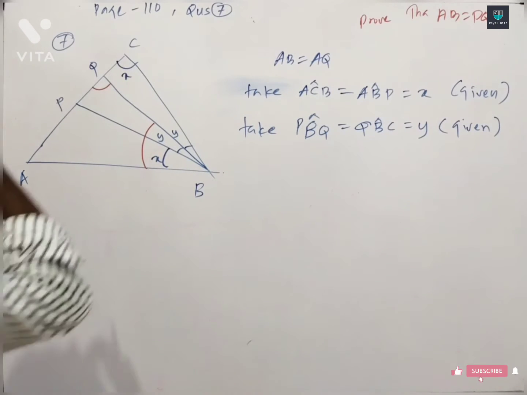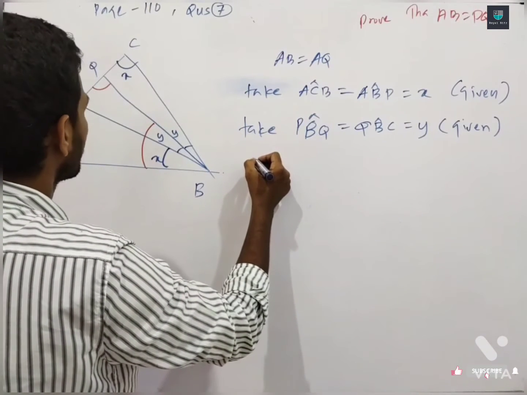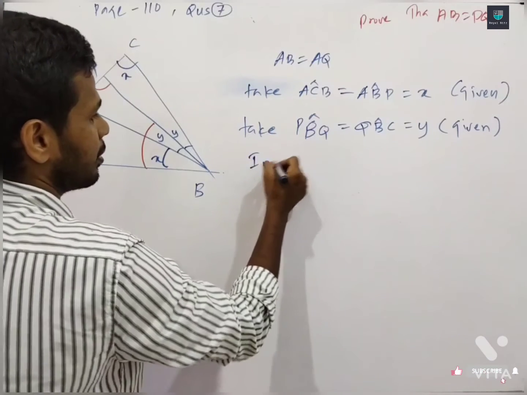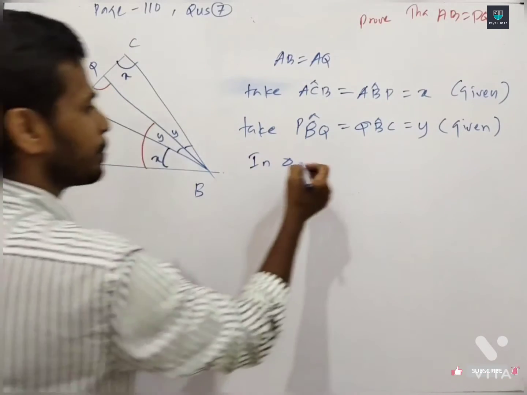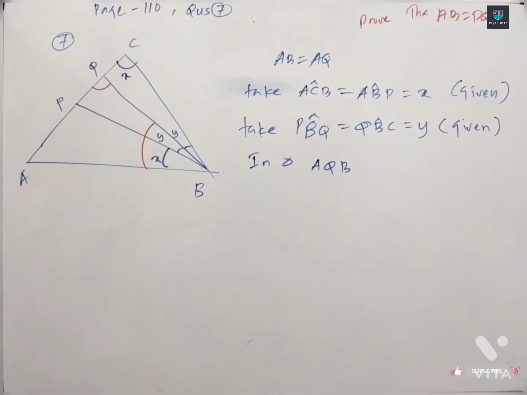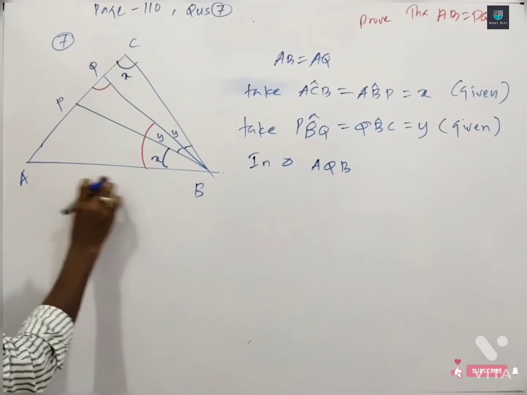So now see, triangle AQB. In triangle AQB, what is this angle?